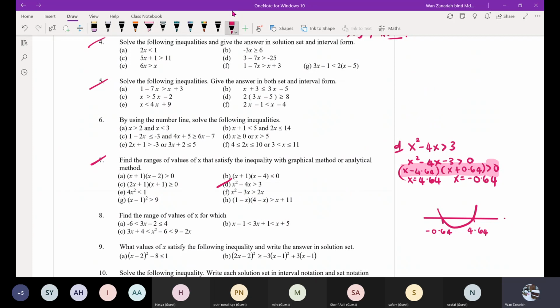That is why you shade above, but do not shade this part as above too. It must be outside. So your answer would be x is less than negative 0.64 or x is greater than 4.64. Okay, that is your final answer.